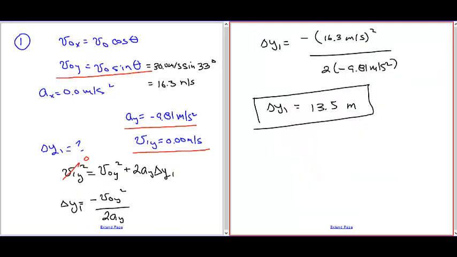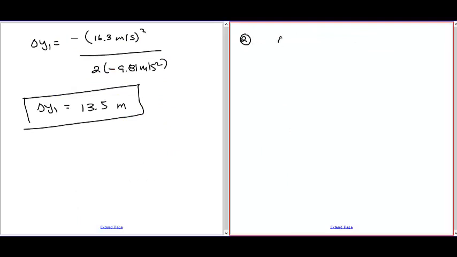So delta y2 is negative whatever the height of the building is, 15 meters. Our acceleration in the y direction is negative 9.81 meters per second squared.